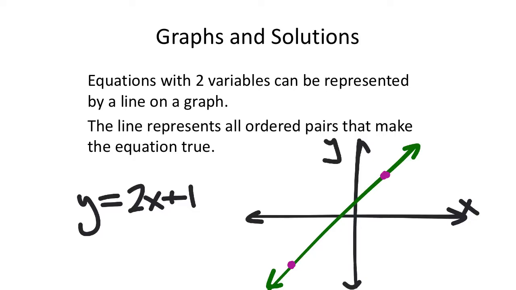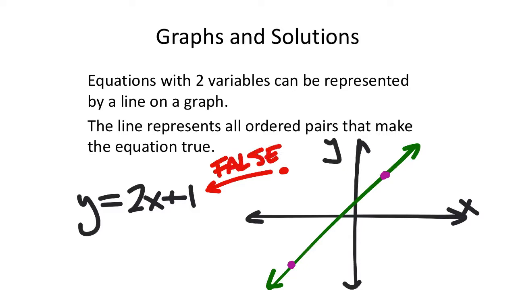Any point not on the line would make this equation false. So if I looked at this point, let's look up here at that red one in quadrant 2. Whatever the ordered pair is, if I plug the x and y value into this equation, it's going to make the equation a false statement.